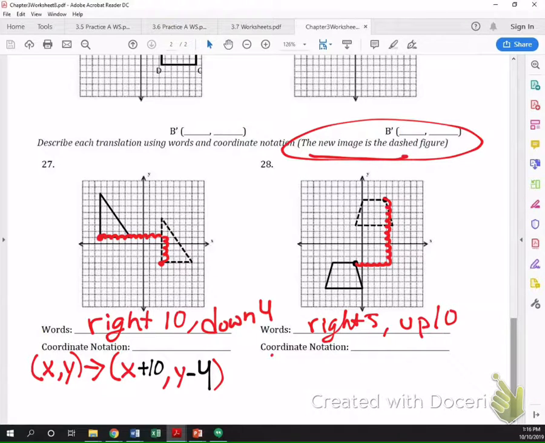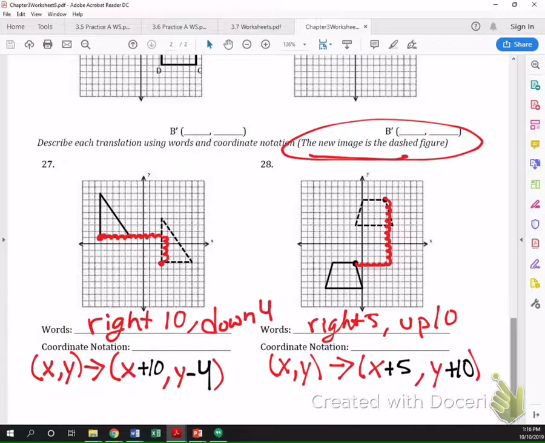Again, very specific. I'm starting with an XY. I'm going to slide it over. The way I'm going to slide it over is by doing what to the X? Adding 5. And what to the Y? Adding 10. You're going up, so you're adding.